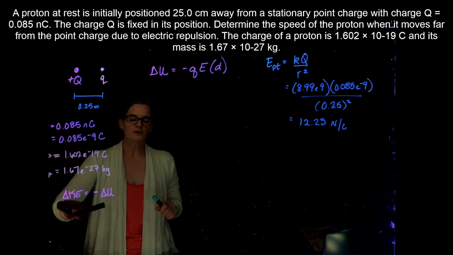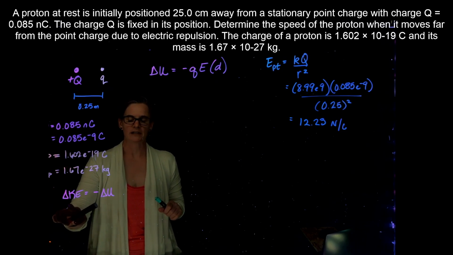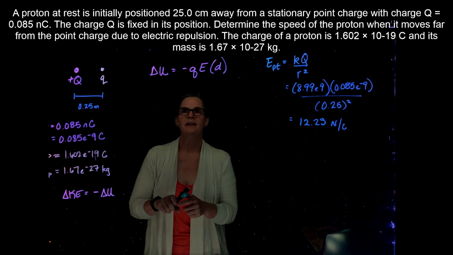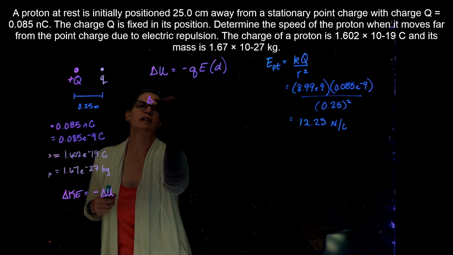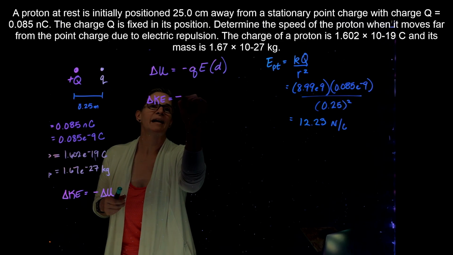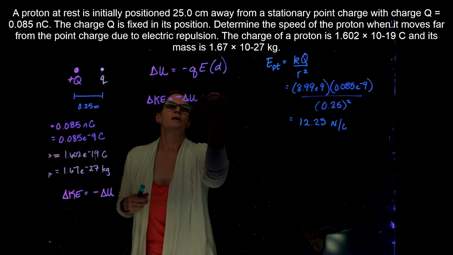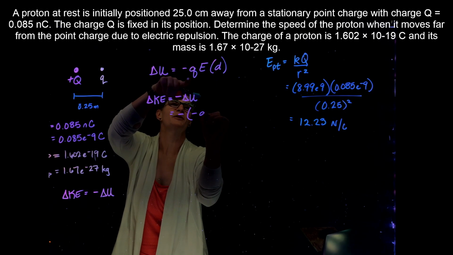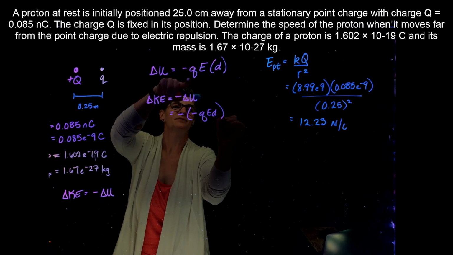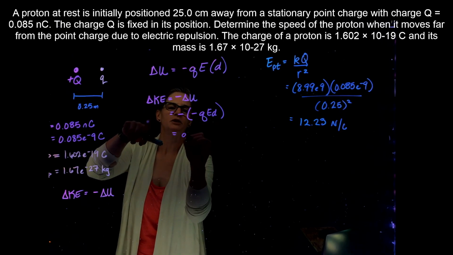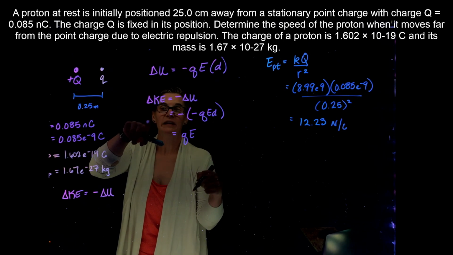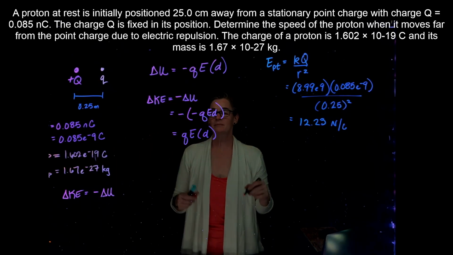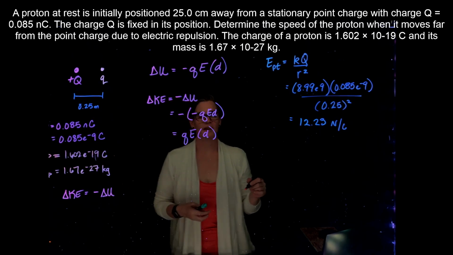All right, so we're going to need to know the electric field. If we are interested in the kinetic energy, and the change in kinetic energy is equal to minus the change in potential energy, which is equal to minus our minus Q E D, then we get our change in kinetic energy equal to Q times the electric field that Q is experiencing times D. And that distance being our 0.25 meters.